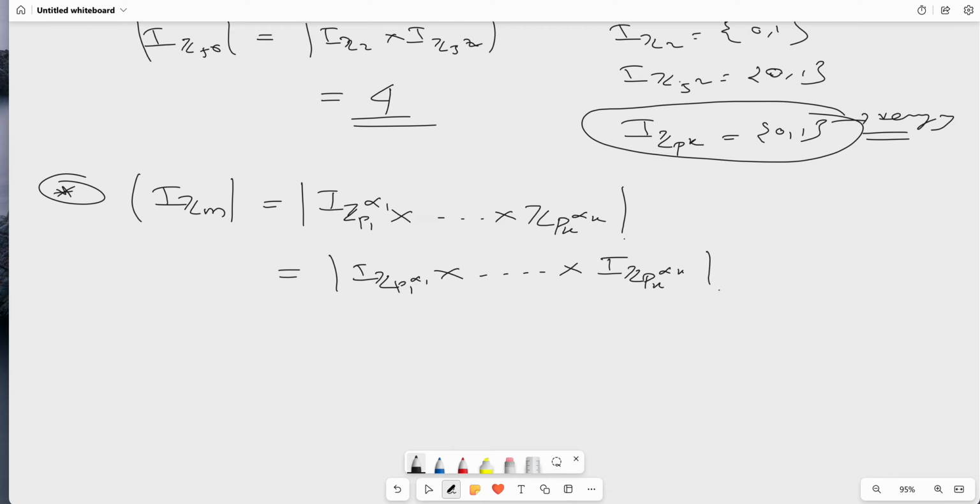This is actually 2 to the power k, that is, 2 to the power the number of distinct prime divisors.